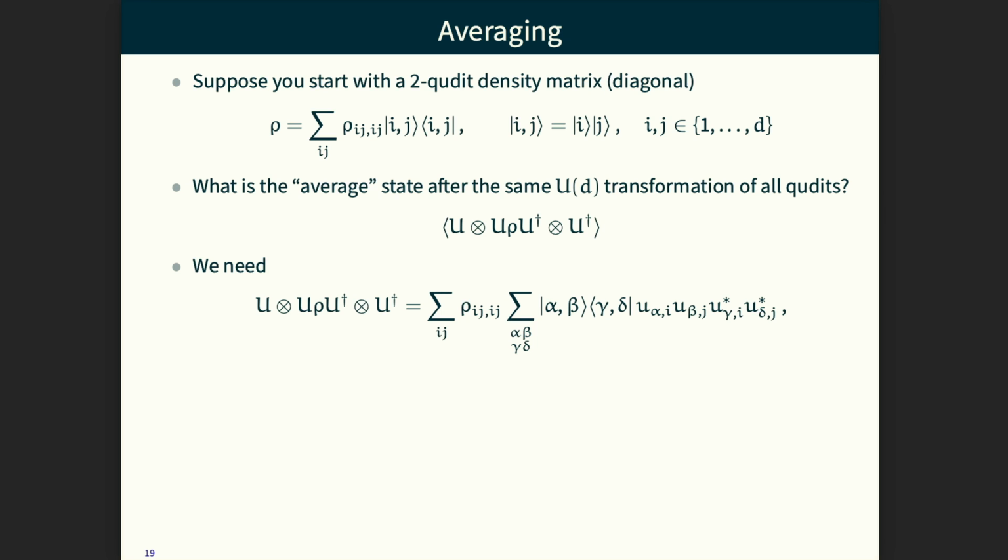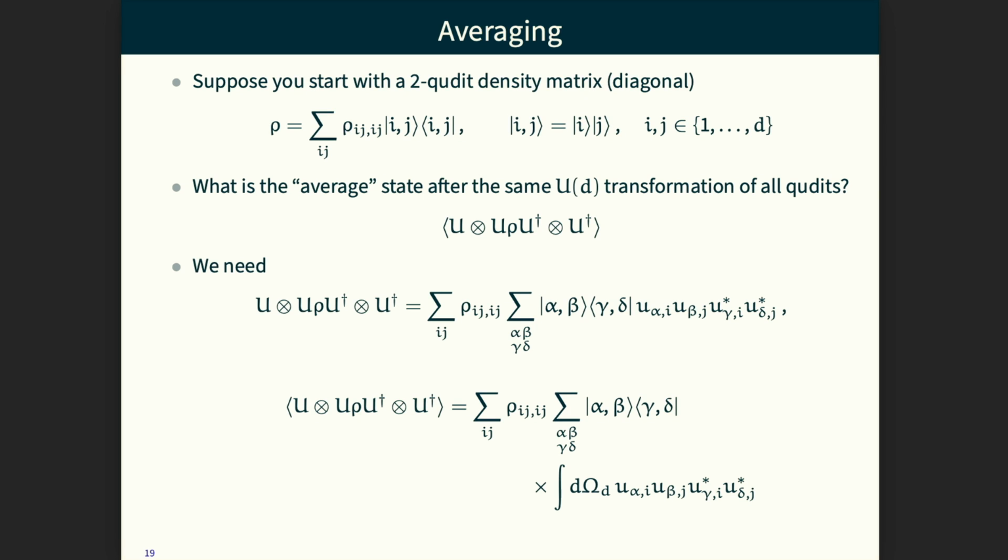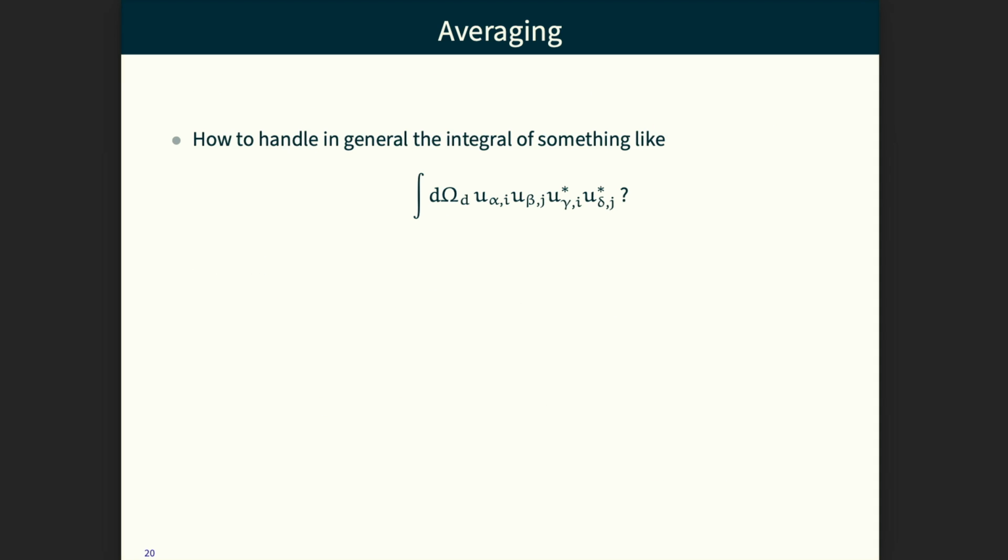This is a D by D unitary. And so the averaging means averaging over that kind of stuff there. So it turns out that this was a fairly hard problem until about 10, 15 years ago.